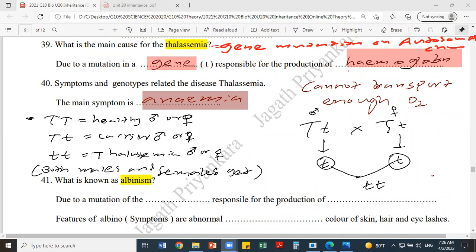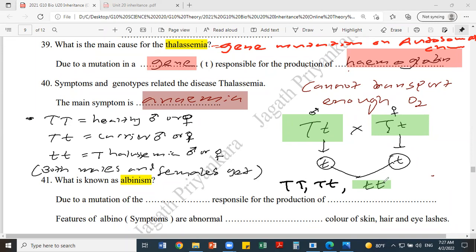I will give one example here: a carrier male married to a carrier female. In this family, healthy children are possible, carriers also possible, diseased people also possible. There can be children of all the types. Capital T capital T is possible from father's capital T and mother's capital T. Then father's capital T with mother's simple T, or mother's capital T with father's simple T, gives capital T simple T. Simple T simple T is also possible.